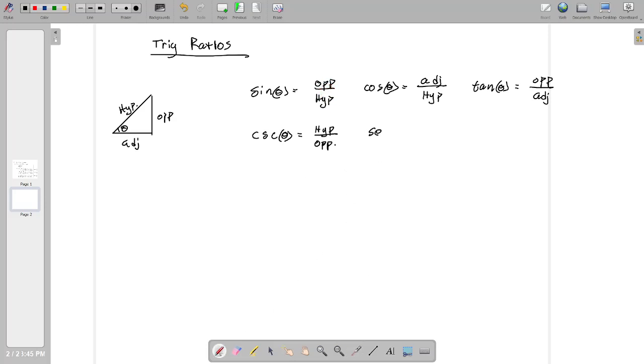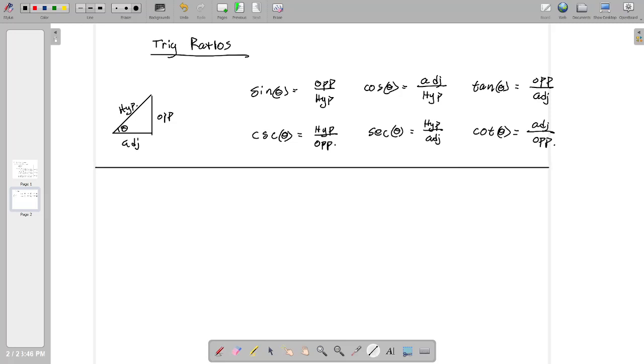Secant is the reciprocal of cosine. And then cotangent is the reciprocal of tangent. And these are the 6 trig ratios we're going to be dealing with the entire semester.